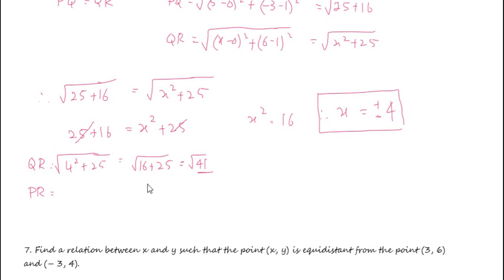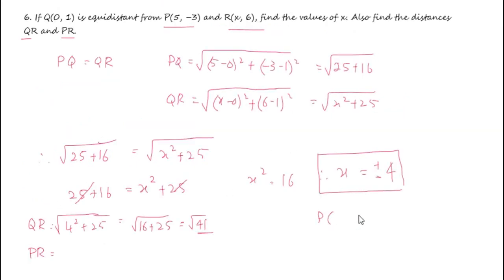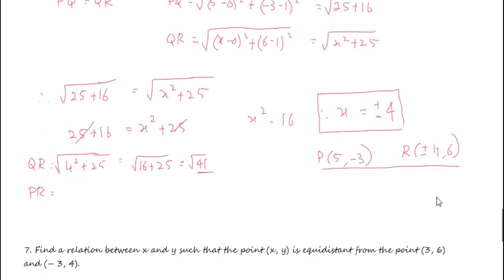Now PR, we'll write here P equal to (5, -3), R equal to (plus or minus 4, 6). These are the 2 points. We have to find out PR now. PR equal to, first we will take this one as plus 4.